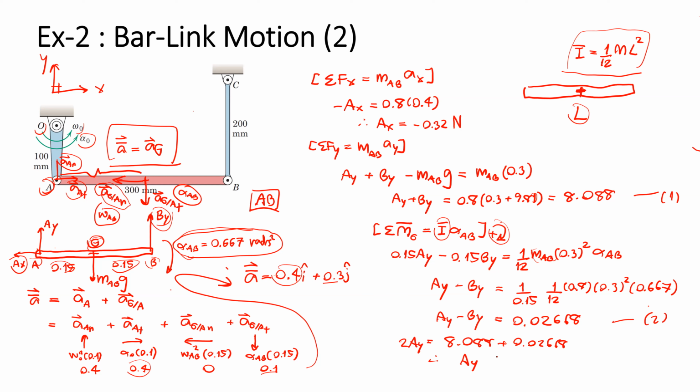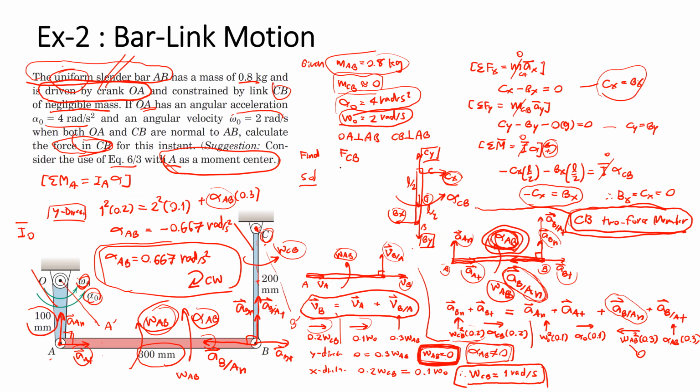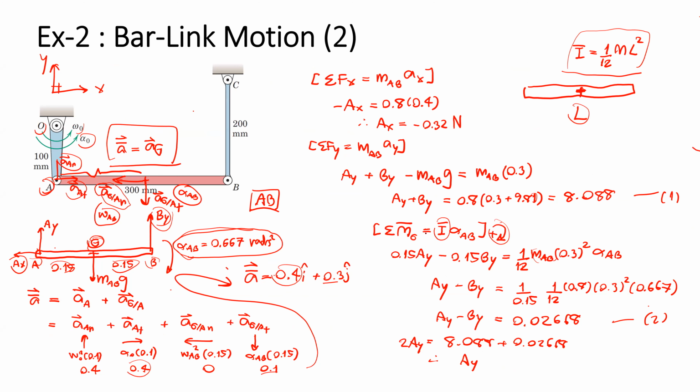no, wait. What do we need to do here? What do we want? I'm sorry, we want BY, right? We want BY, but we obtained AY first. No, just obtain BY.